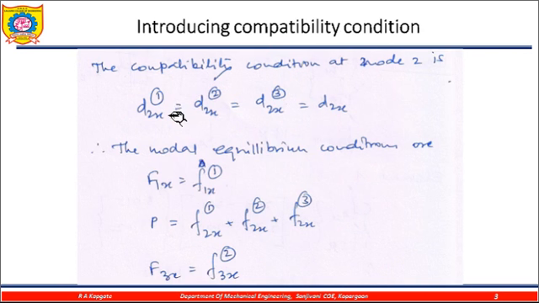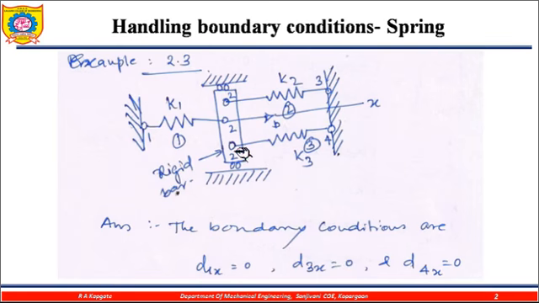Compatibility law means continuity: d2x at element 1 and d2x at element 3 are also common. This one and this one are on the same plate, so there is continuity between this spring as well as these two springs.